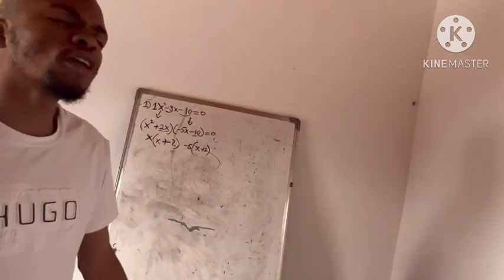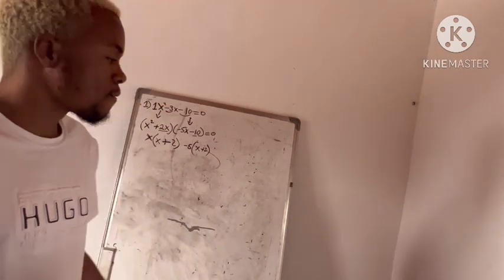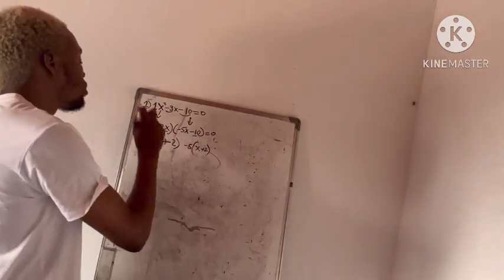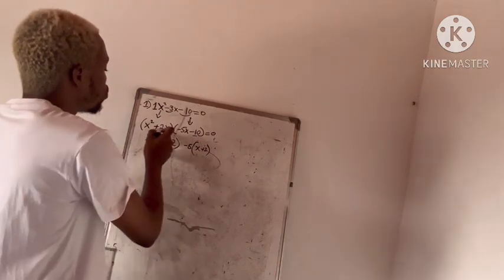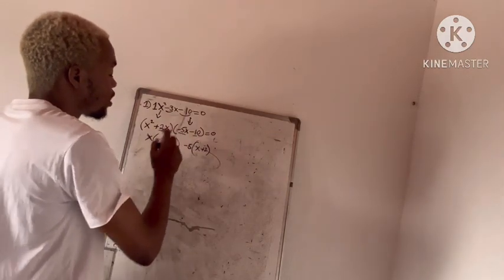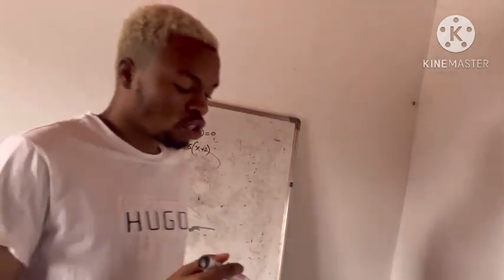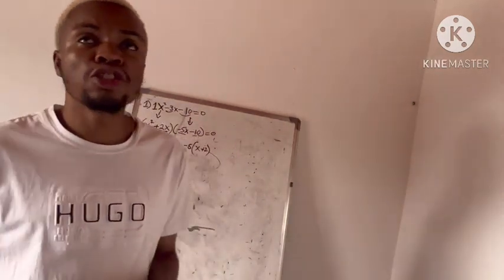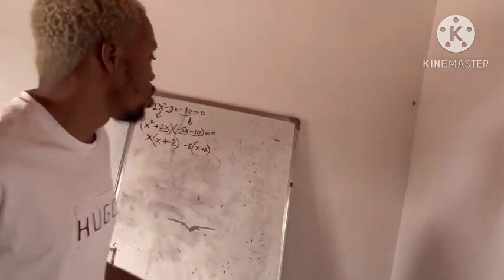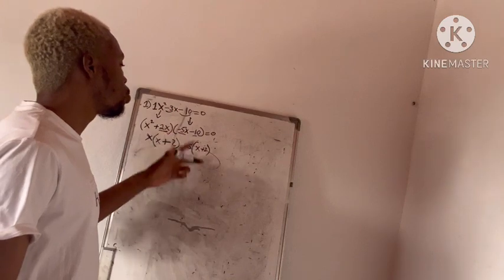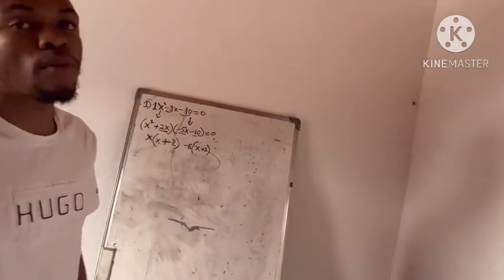There's something I want you to take note of. Before factorizing, you writing 2x here and writing minus 5x there, exchanging those positions has no issue. If you rather write minus 5x here and 2x there, there is no problem with that.